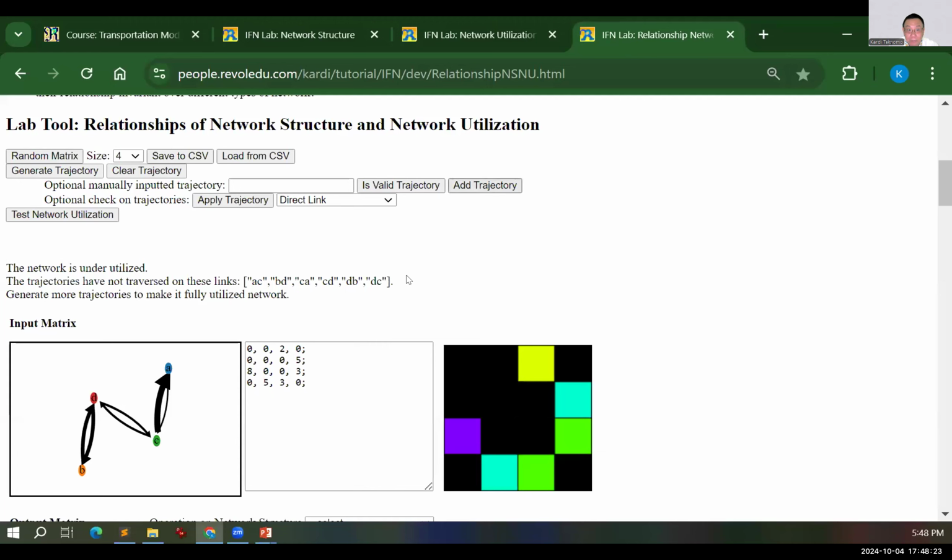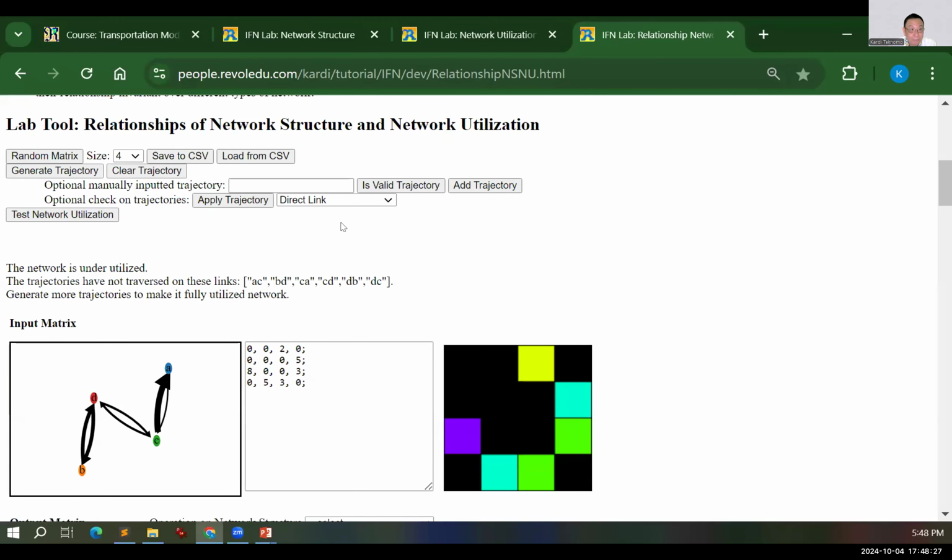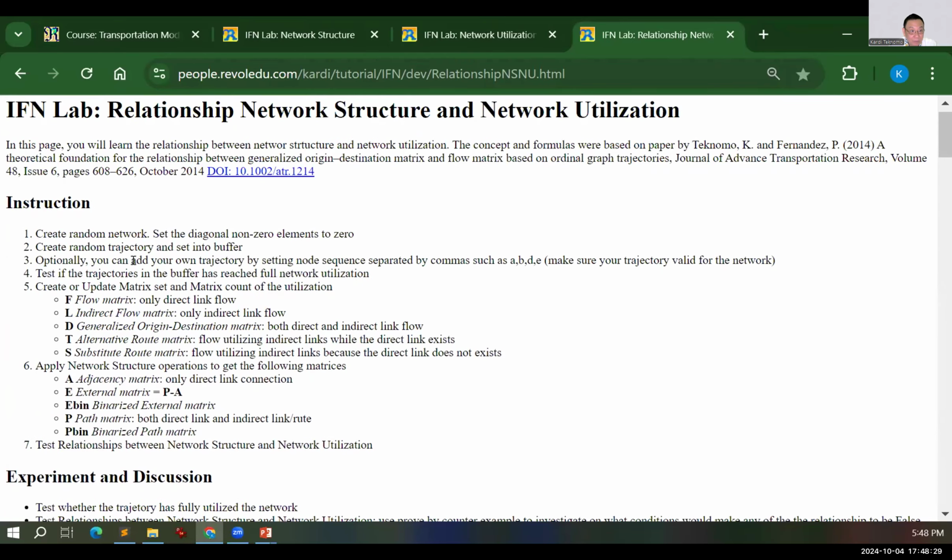So here it is, I open. Of course the instruction is almost the same. You can create a random network, and then you can create a random trajectory, and you can also create your own trajectory by setting the node sequence. Then you test whether the trajectory has full network utilization or not.